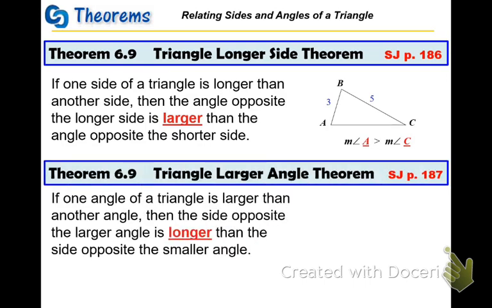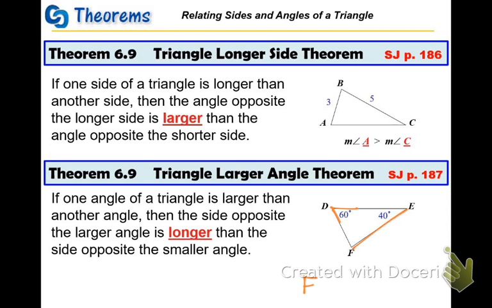If one angle of a triangle is larger than another angle, then the side opposite the larger angle is longer than the side opposite the smaller angle. So of these two, I know that there's a third angle, and it would be 80, but we're going to ignore it. Of these two, which is the larger angle? 60, so angle D. So what side will be the longer side?